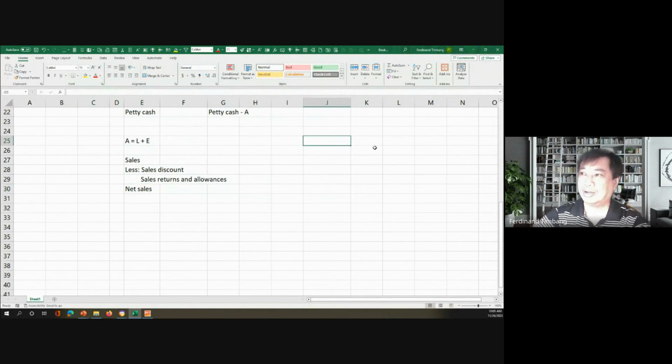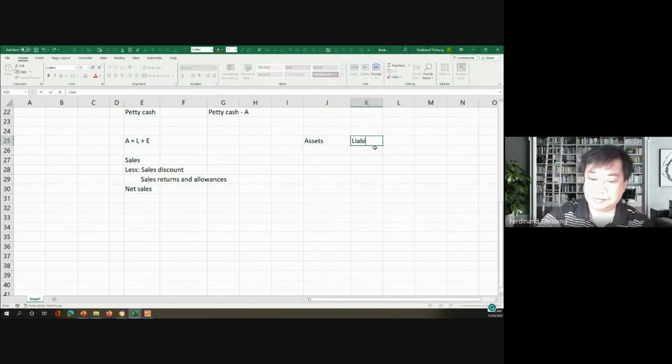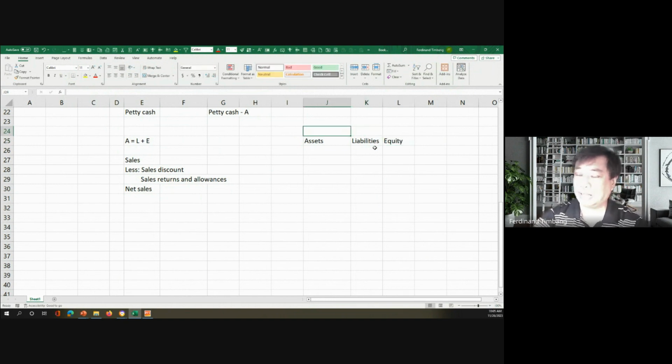So, meron tayong assets, then of course you have the liabilities, then you have the equity. Dito nakikita yung standard. But again, the standard is not the same to all the companies.